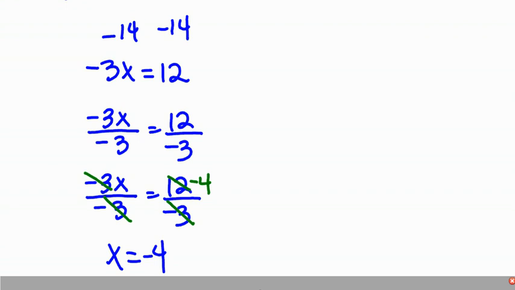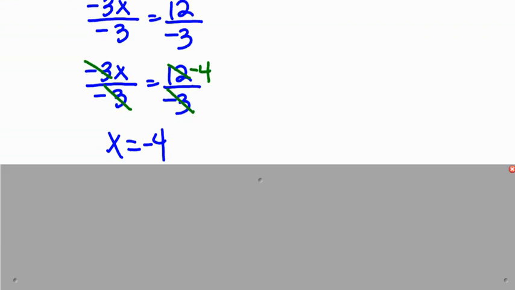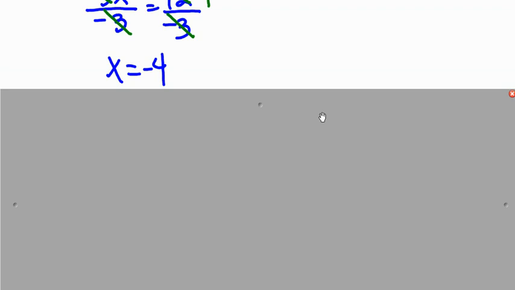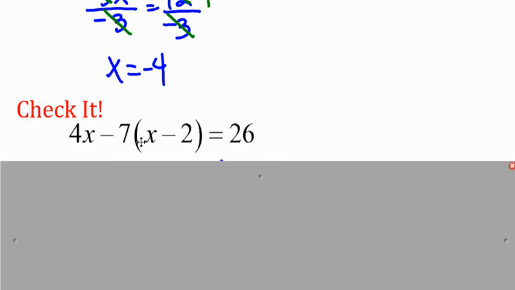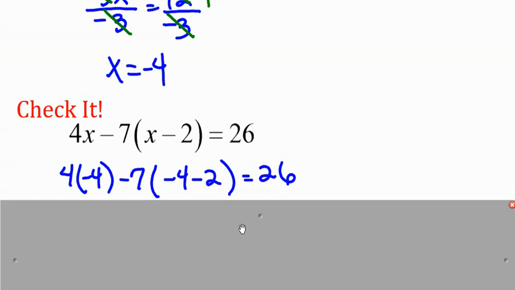Now we have to verify this is the correct value of x for our equation. So we're going to substitute -4 into the original equation. So that means we're going to substitute it here and here. So let's think about evaluating this equation here. So we can simplify what's inside the parentheses. -4 minus 2, that's -6.